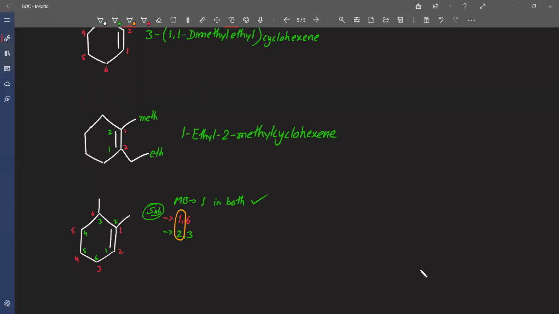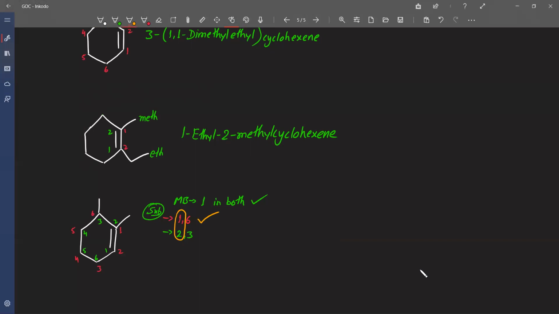There's no need to go to 6 and 3. In the red one, you are giving the first substituent position 1, while in the green scheme, the first substituent is at position 2. So the correct one is the red one.